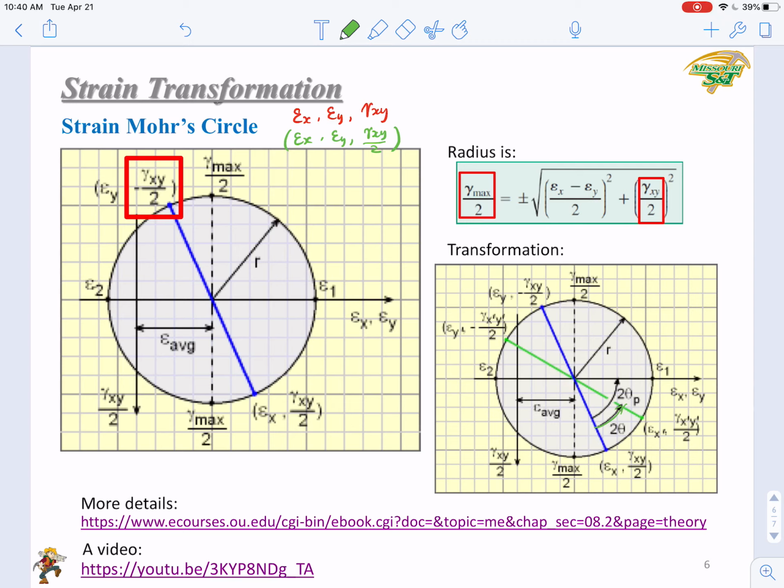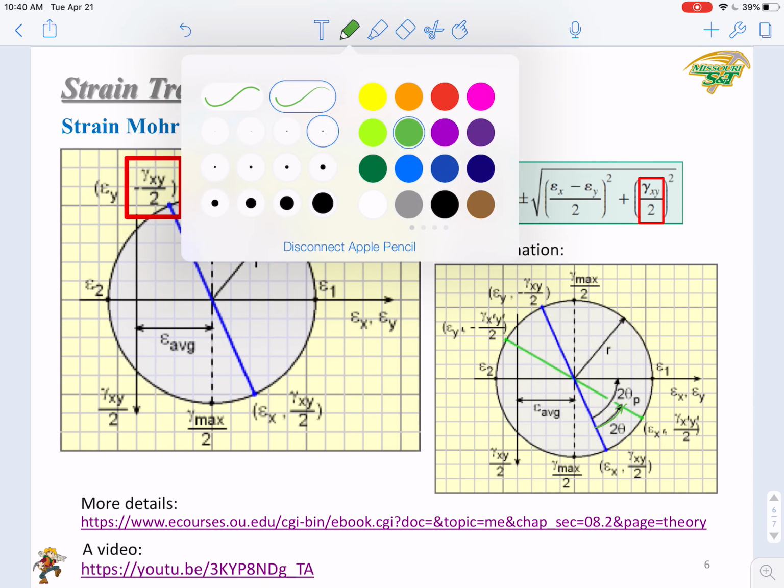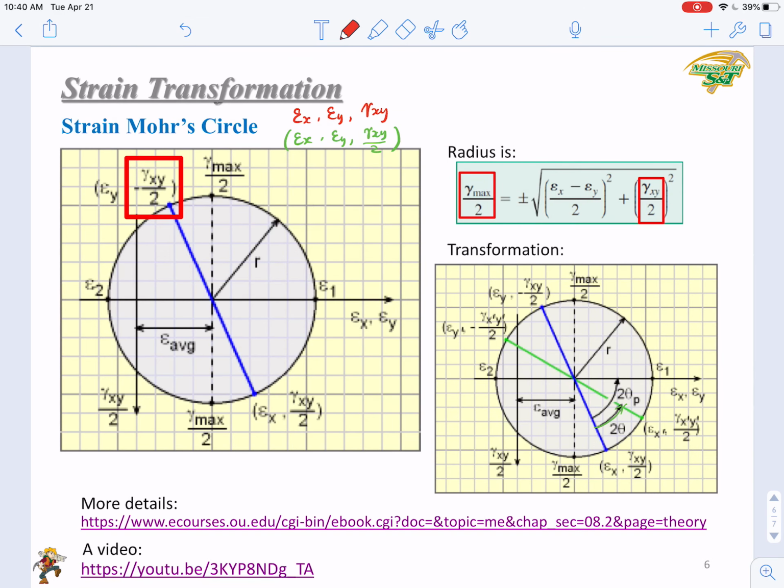First of all, you need to define the coordinate system. You have the x-axis, that is epsilon, and the y-axis, which you can draw downward so that you have a consistent direction of rotation in the Mohr circle and in the strain element. Here is the axis of gamma xy over 2.